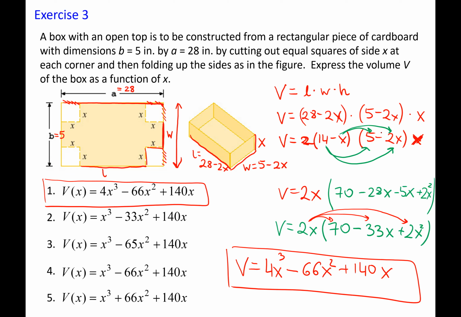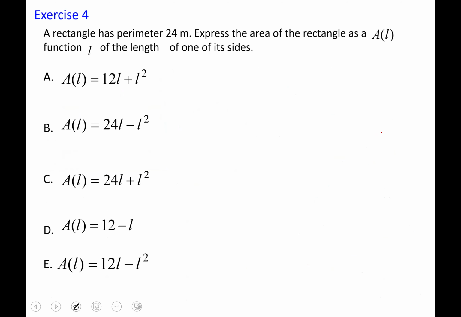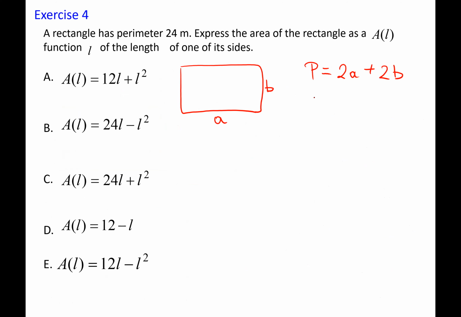Let's check another exercise that we're supposed to solve this week. A rectangle has perimeter 24 meters. We have a rectangle with sides A and B, and the perimeter, which is 2A plus 2B, is simply 24.